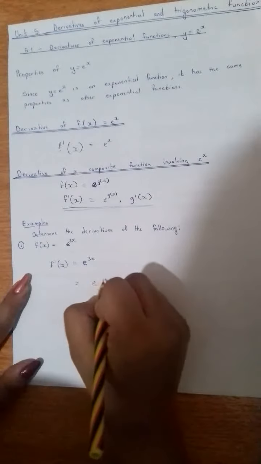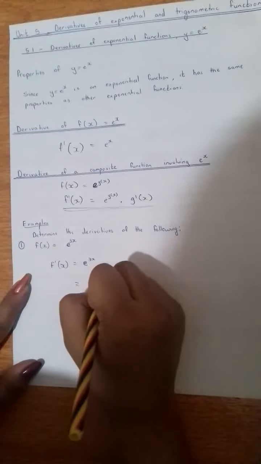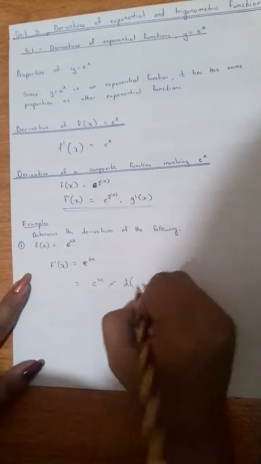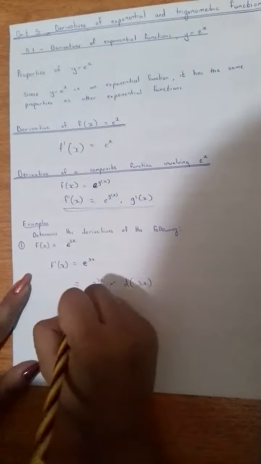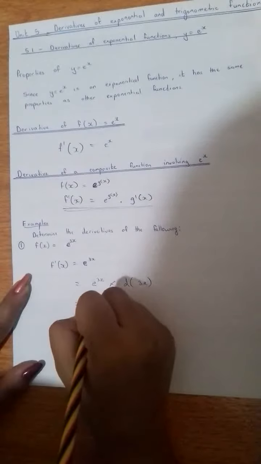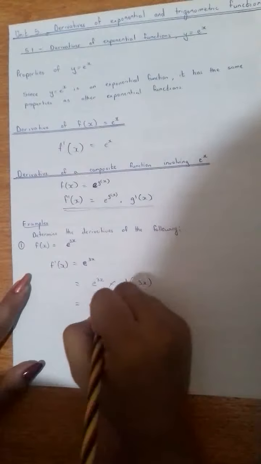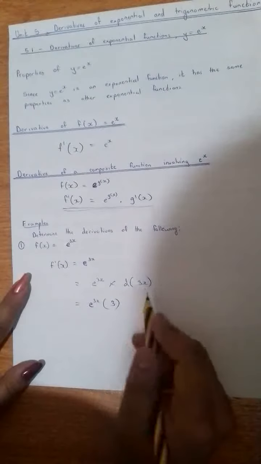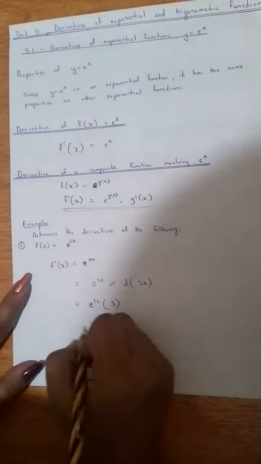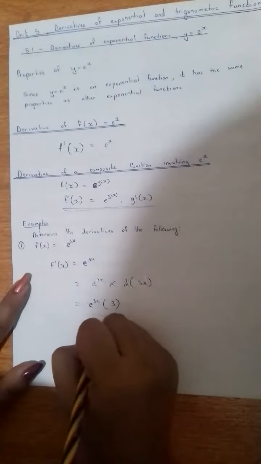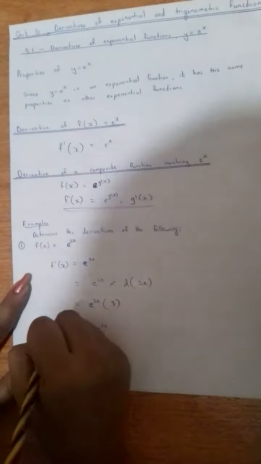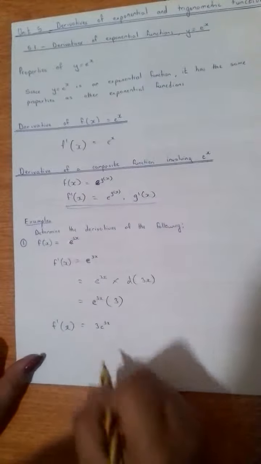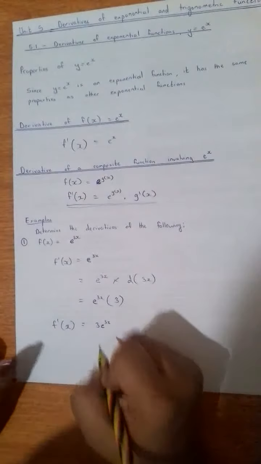First we have our original function, which is e to 3x, and then we multiply it with the derivative of 3x. So here what we get is e to 3x into 3. The derivative of 3x is 3. So the answer we get here is 3e to 3x. Therefore the derivative of f of x is 3e to 3x.